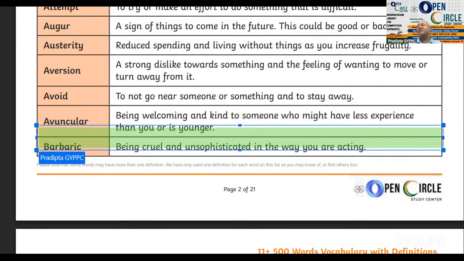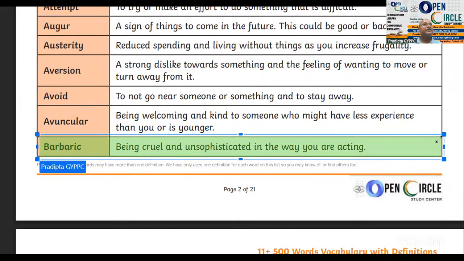That is called barbar. So from that, the word barbarian comes, being cruel, being unsophisticated. Example, the man in the prehistoric period was living a barbaric life.